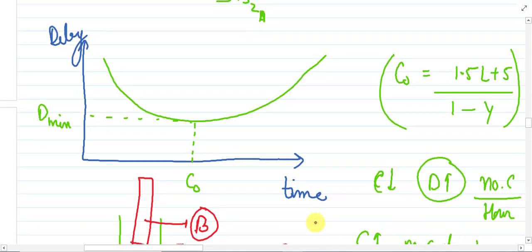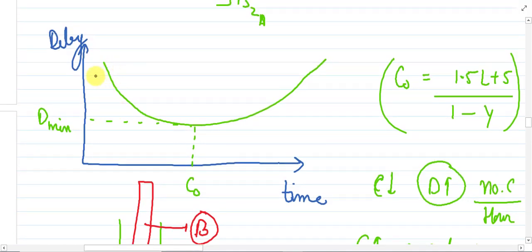So it can be seen by this graph which is drawn between the delay and time axis. This graph is solved by this equation, and this equation is given by Webster. That's why it's called Webster method.